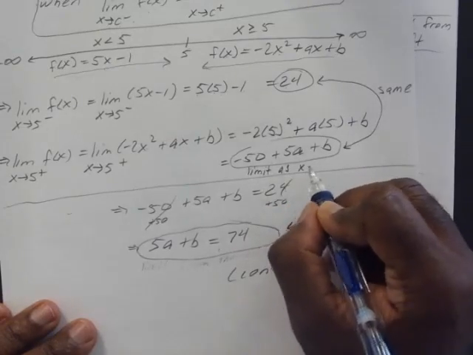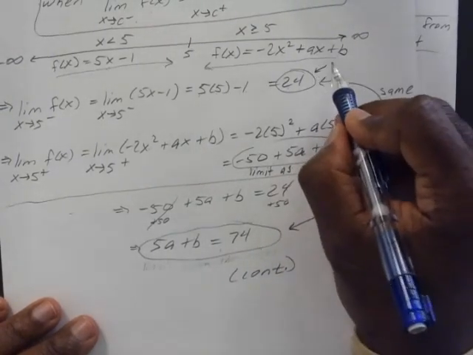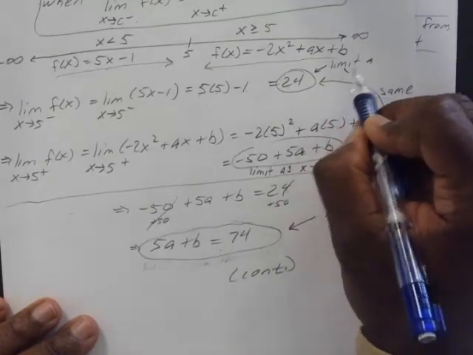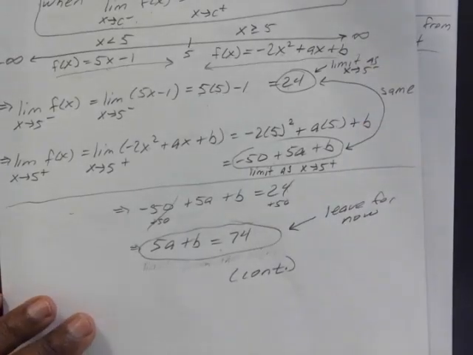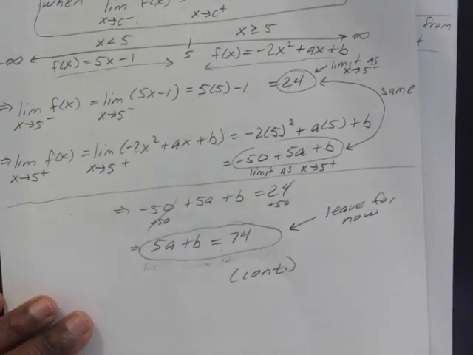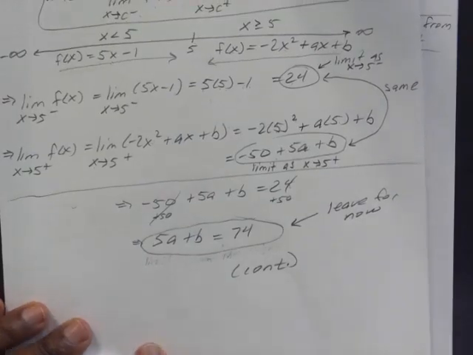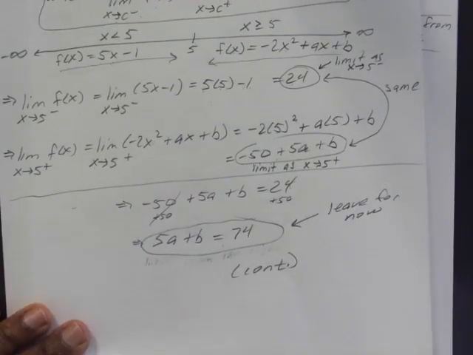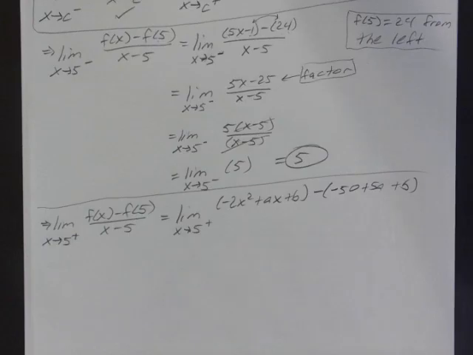So this is your limit as x approaches 5 from the right, and this is x approaches 5 from the left. Whenever possible, just draw a line separating your steps, because when everything runs together, it's really easy to write down something completely different than what you intend to.